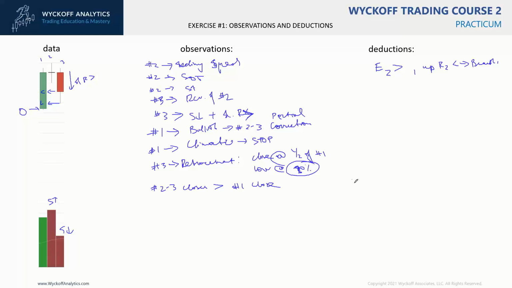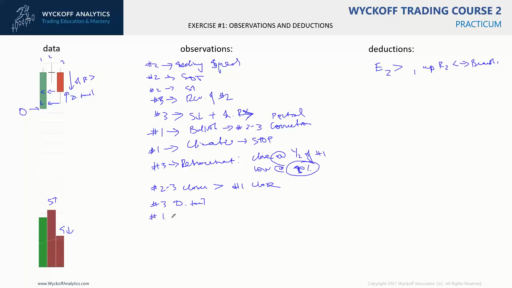What else? Number 3, strong demand tail from Alistair. Yeah, so we have this demand tail right here. Okay, so number 3, demand tail. Okay, bar 3 has demand tail and closes above 1/2 of bar number 1 from Alexander. Really good. Demand tail on 3, spread increase on number 1.